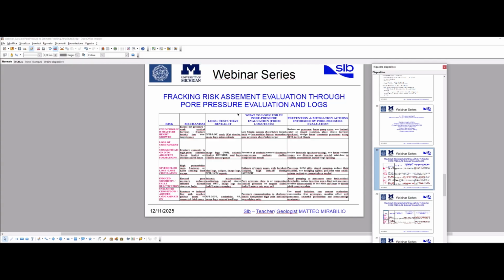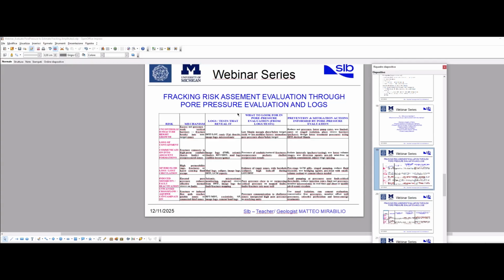Uncontrolled fracture height growth. It's not easy to understand which will be the maximum extension of fracturing. You need to make a volumetric geomechanical analysis, estimated with sonic logs, density logs and image and microseismic analysis. What to look for in a pore pressure evaluation?